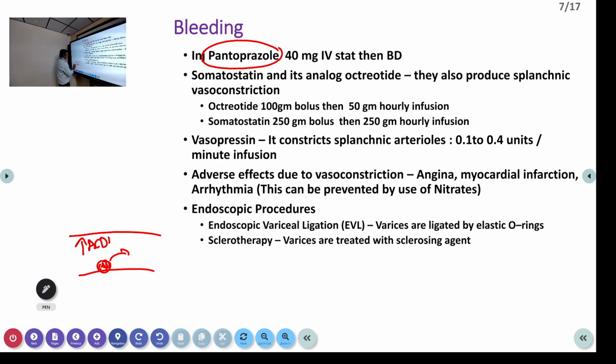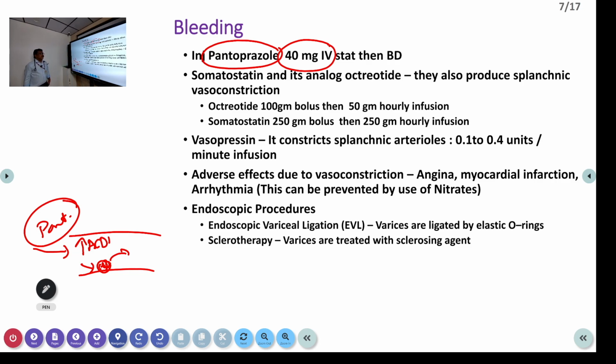Acid increasing means this clot will be lysed. To prevent that, we can give a drug which can suppress the acid overproduction, that is pantoprazole. Pantoprazole or any PPI can be given as IV stat and BD, or it can even be given as an infusion. Both have the same properties. Whether you give the infusion protocol or the IV protocol, both are almost similar.